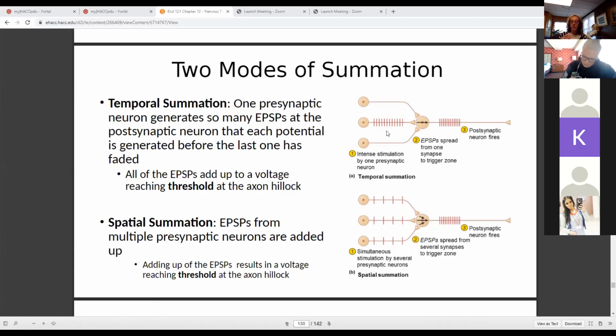So when the stimulus stops, they stop, and they kind of just fade away. Well, what if they're coming in so fast that the next one is adding on top of the effects of the first one, because the first one hasn't had a chance to fade away yet, and they're coming in so fast via one neuron? This is temporal summation.